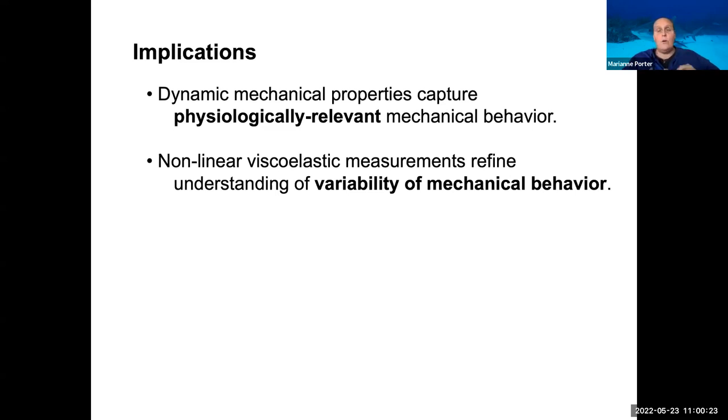So with just our dynamic testing, we can get those really great measurements of the storage and the loss modulus. With the nonlinear framework, we can get values at largest strain and minimum strain. And then with that quasi-static testing, that gives us a really good broad picture of how a material is going to work.